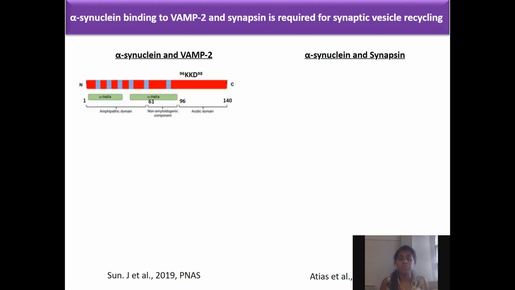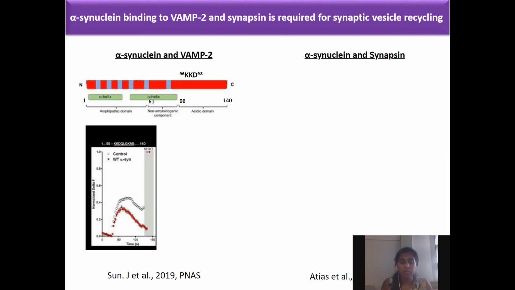Very briefly, we already identified that the specific residues, KKD, in the C-terminus of alpha-synuclein bind to VAMP2. So in fluorine assays, we know that overexpressing wild-type synuclein, shown in red, attenuates synaptic vesicle recycling.